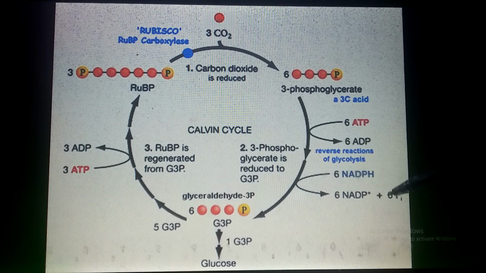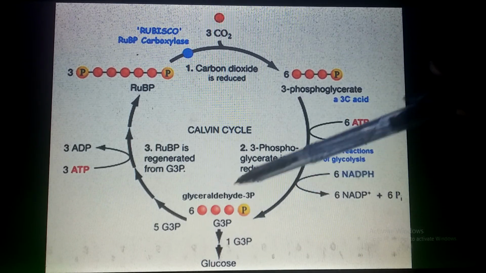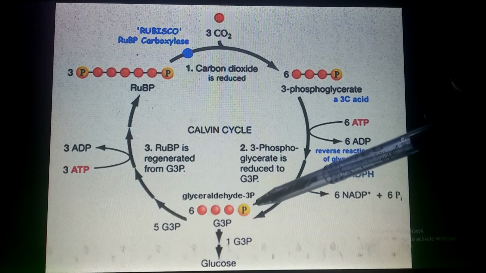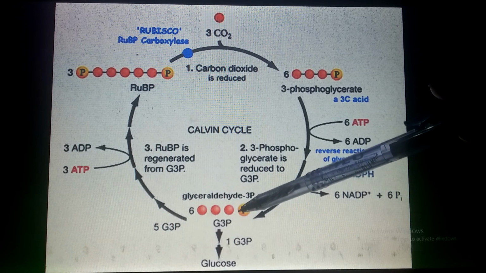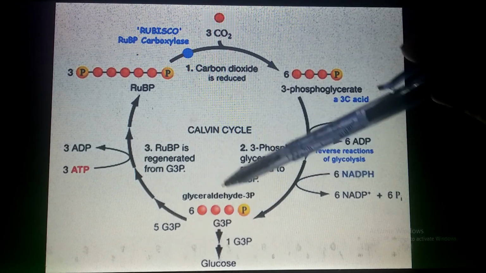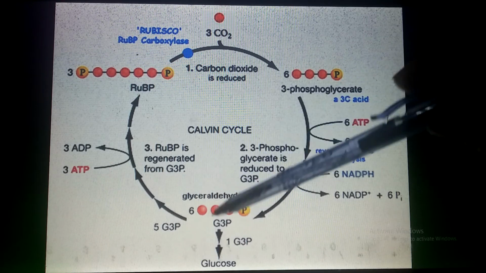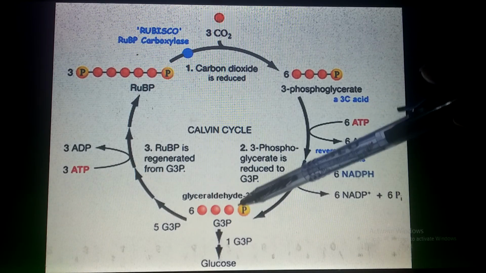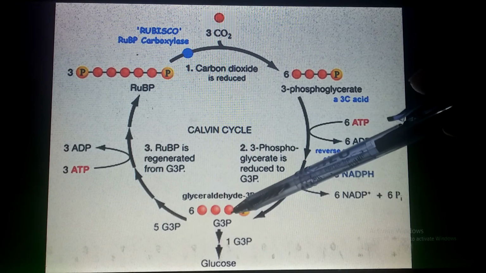And these 6 hydrogen ions or protons then react with this phosphoglycerate and convert this phosphoglyceric acid into phosphoglyceraldehyde. Is it clear? That is known as GP. Because these are 6, the 6 phosphoglyceraldehyde are produced here, and phosphoglyceraldehyde is also 3 carbon.